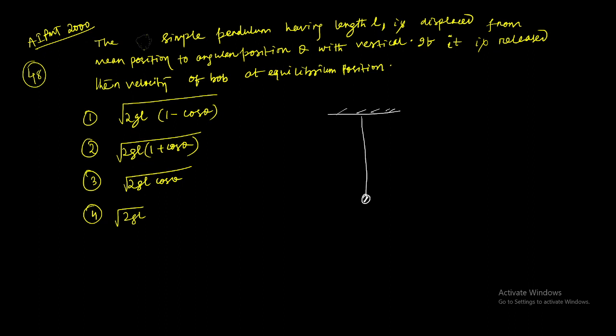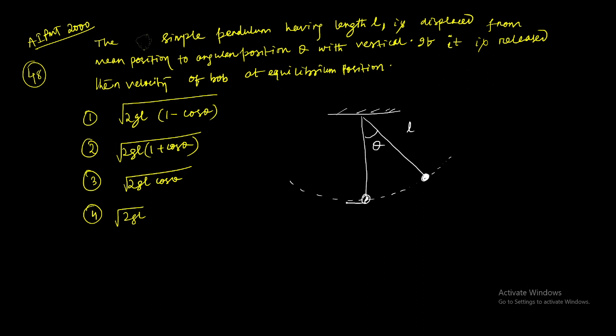This is your pendulum and it is following a path like this, right? It is at this position having angle theta. Now at this position it is going to be released. This length is L.